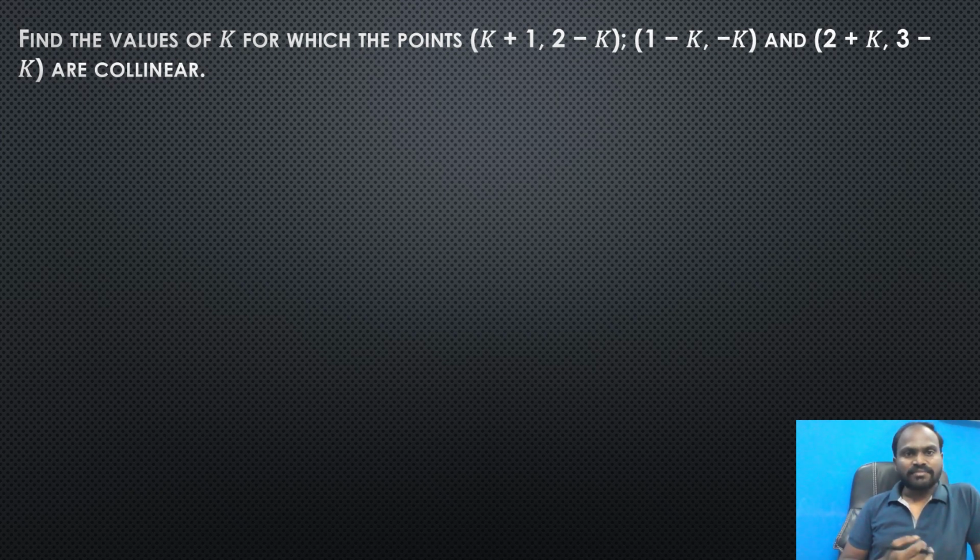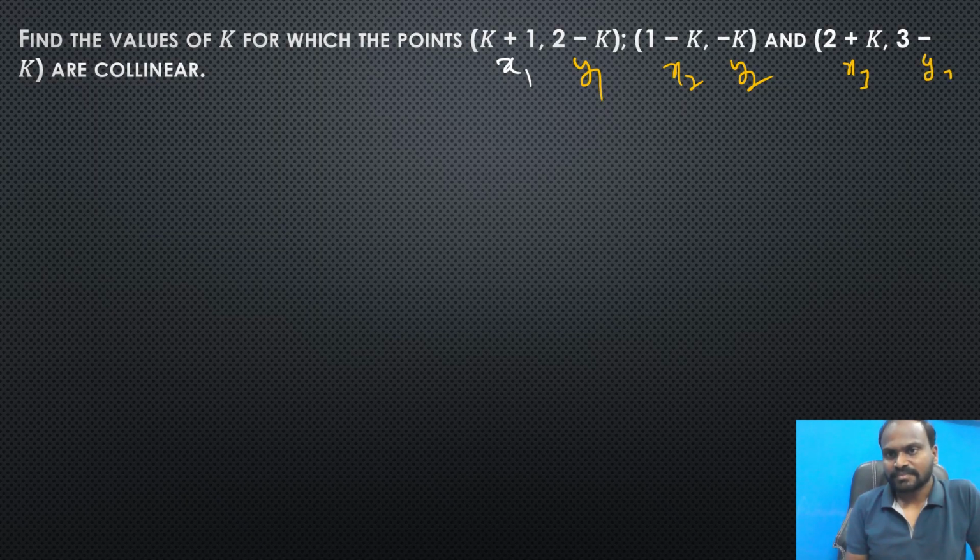Find the values of k for which the points (k plus 1, 2k), (3k, 2 minus k) and (5k minus 1, minus k) are collinear. Let us take this as x1, y1, this as x2, y2, and this as x3, y3, right?